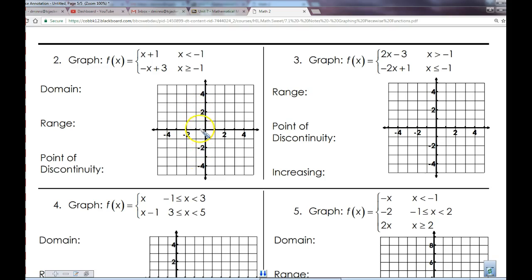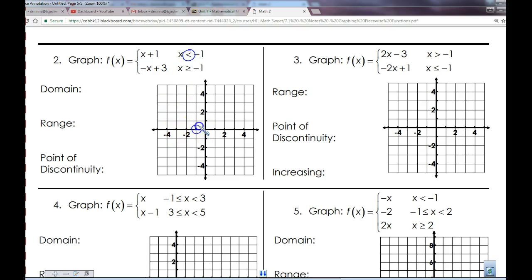So we look and say, okay, for this side, for x plus 1, when x is less than negative 1, if I plug in negative 1 for x, what will I get? Negative 1 plus 1 is 0. So we know for this part of the function, it starts, for lack of a better term, right here at negative 1, 0. Now, because it's simply less than, that's an open circle.